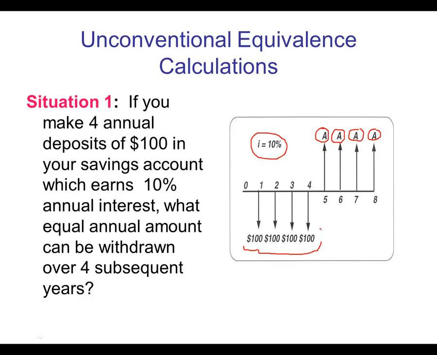The first piece, or the first group, is the 100s here. This is the first group, and this is the second group. You have to remember that this is deposit, so this one is inflows, and it's positive for the bank, negative for your pocket, because you are depositing that out of your pocket.